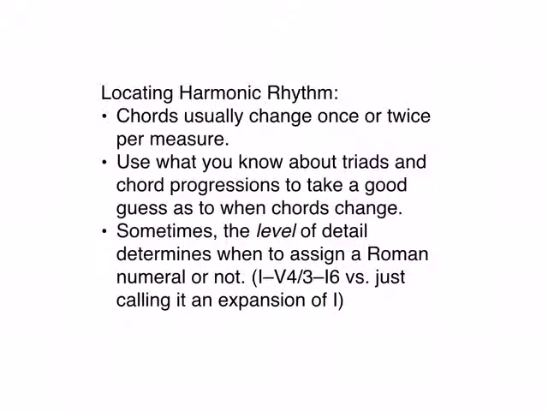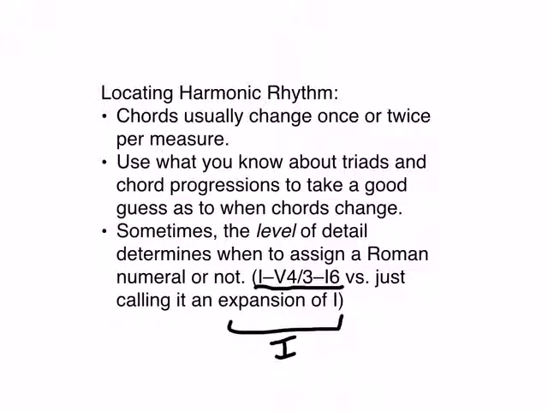Sometimes the level of detail determines when to assign a Roman numeral or not. For example, you may have 3 chords in a row that form a 1, a 5-4-3, and a 1-6. You can analyze each of these, or it may be possible just to put a bracket and call that all tonic, as it's just an expansion of 1.